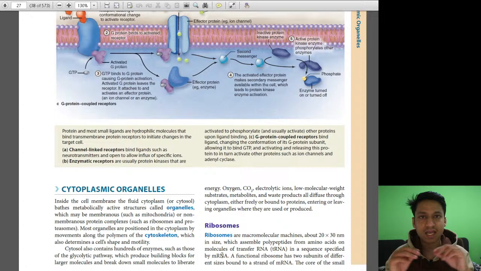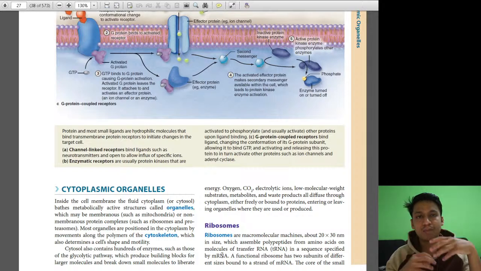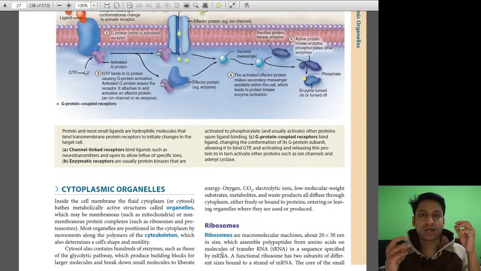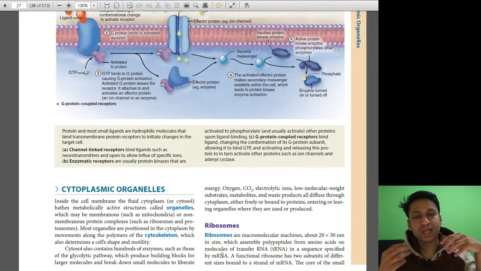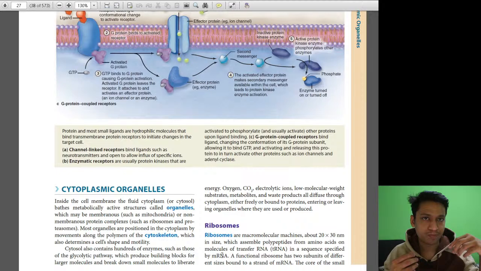So there is an mRNA, and what the ribosome does is, with the help of tRNA, bring the specific amino acid and associate it with its mRNA, eventually forming a polypeptide chain.